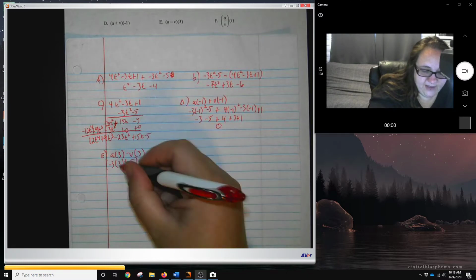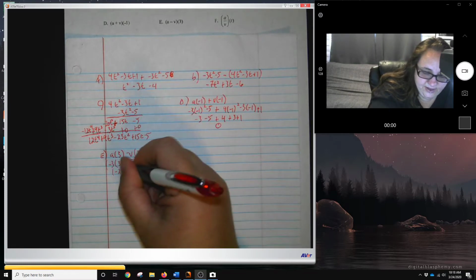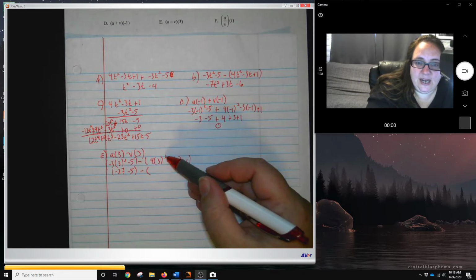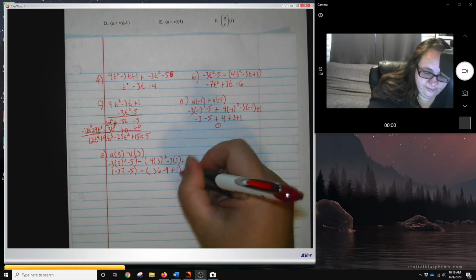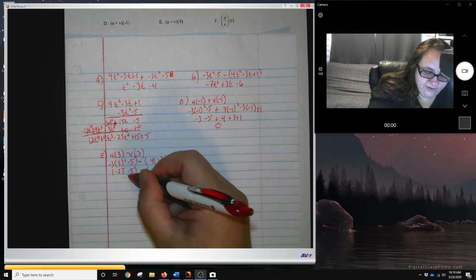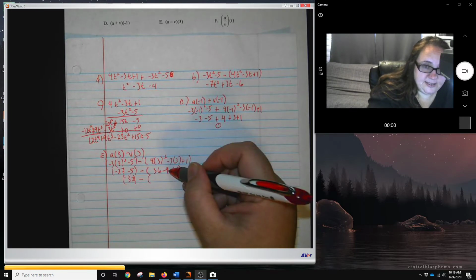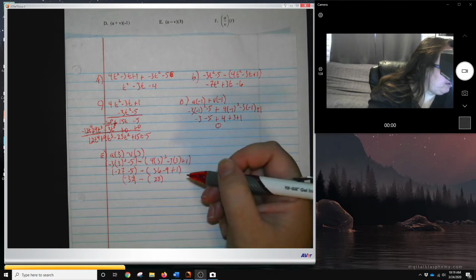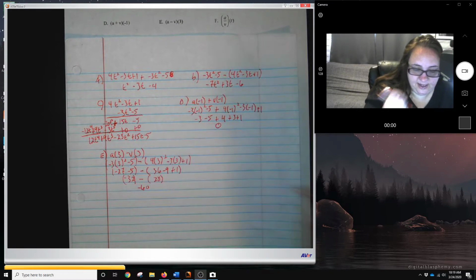So then we have 9 times negative 3, so negative 27 minus 5, minus 9 times 4, so 36, minus 9 plus 1. So negative 32 minus 28. Negative 32 minus 28 is going to be negative 60.